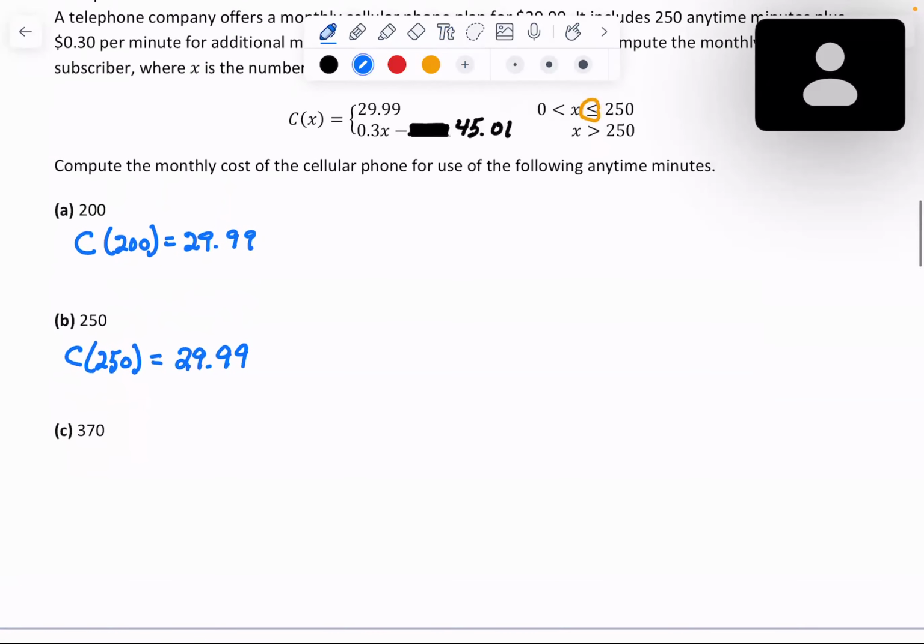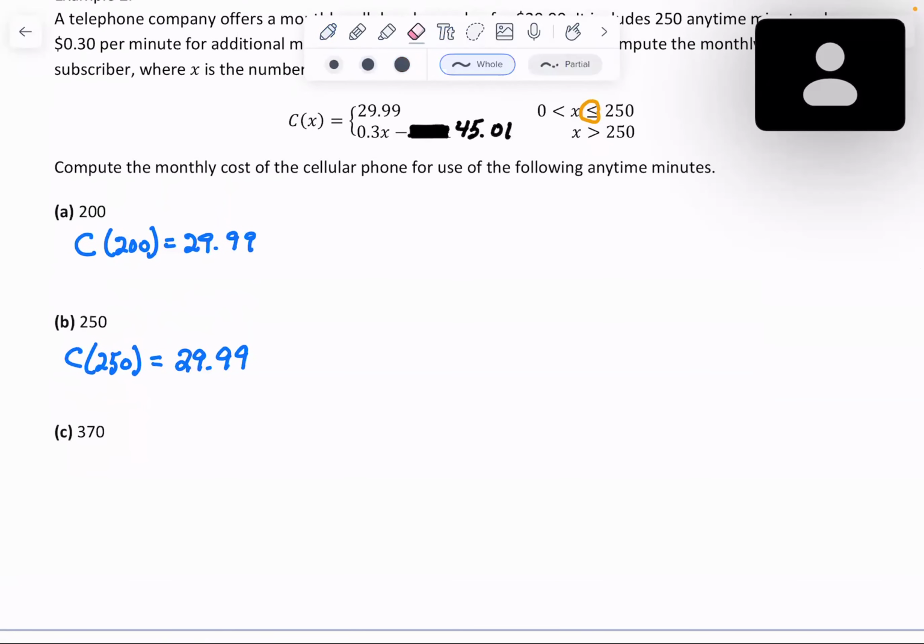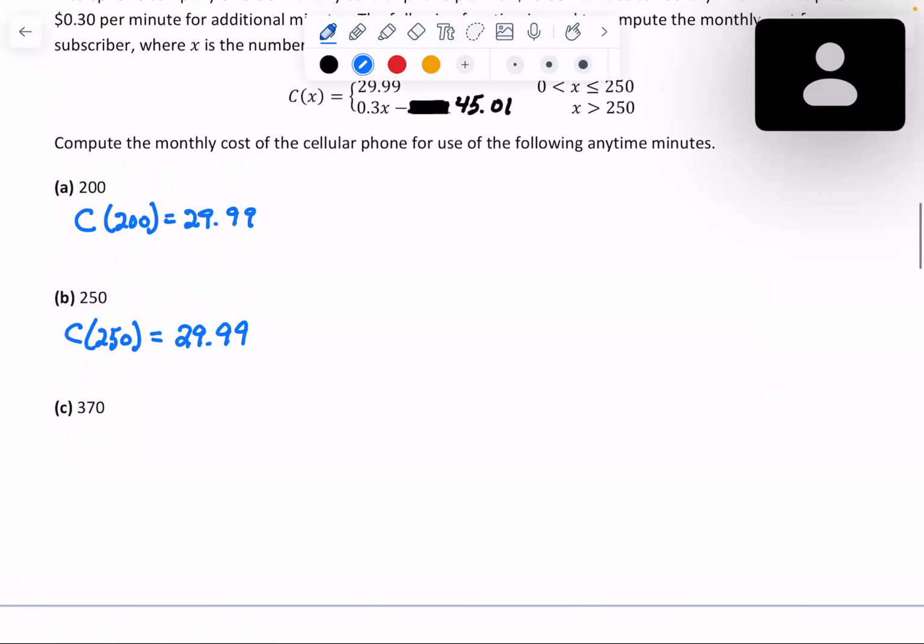So those two fit into the first piece of the domain. The next one fits into the second. So here it says for 370 minutes, find the monthly cost. So all I'm going to do is plug in 370 right here into this bottom one, right?